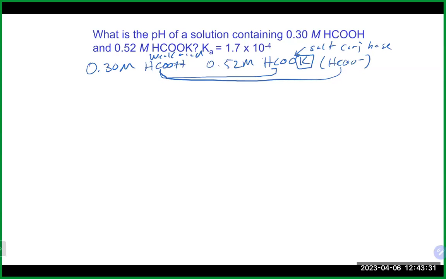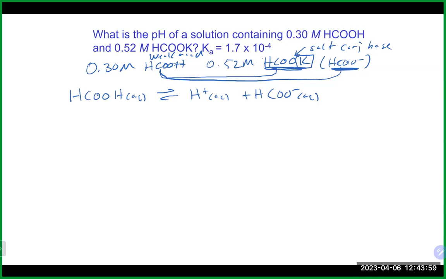You could hopefully recognize that this is going to be a common ion. Once again, the formic acid is going to be the one that sets up the equilibrium, and it is this formate, which comes from potassium formate, that's going to provide the common ion.